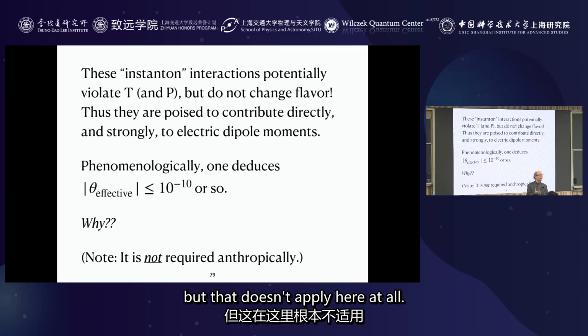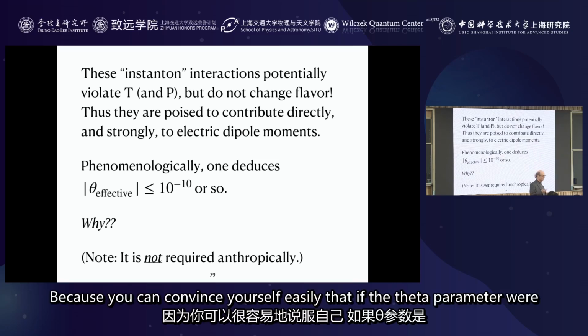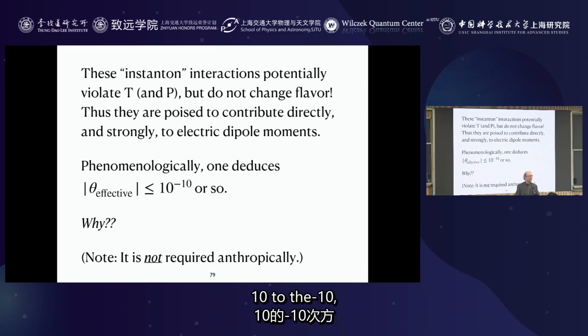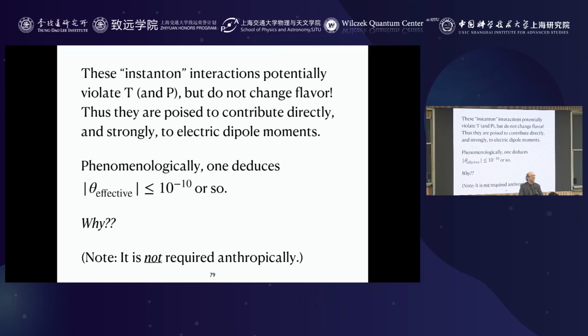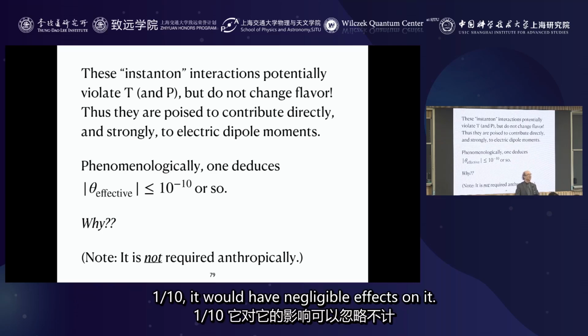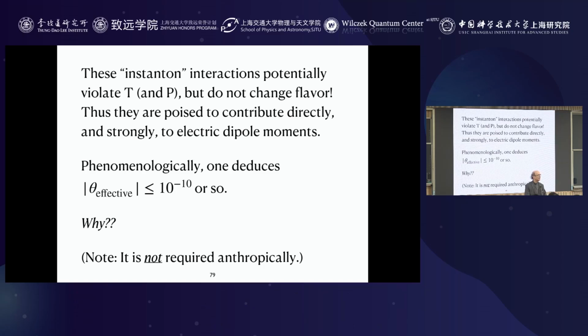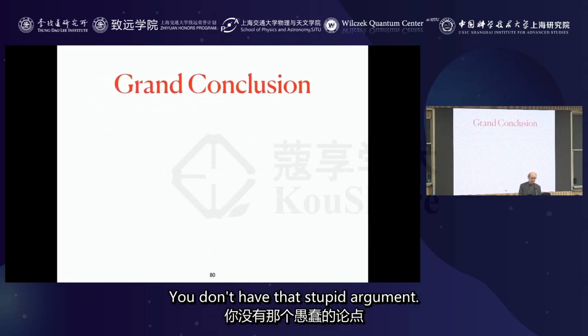But that doesn't apply here at all, because you can convince yourself easily that if the theta parameter were 10 to the minus 1, I'm sorry, so 1/10, it would have negligible effects on anything practical. So it's not required anthropically. So you don't have that stupid argument.